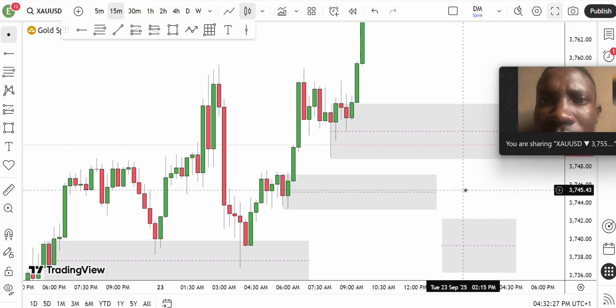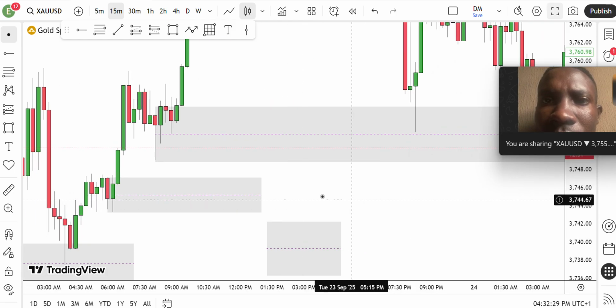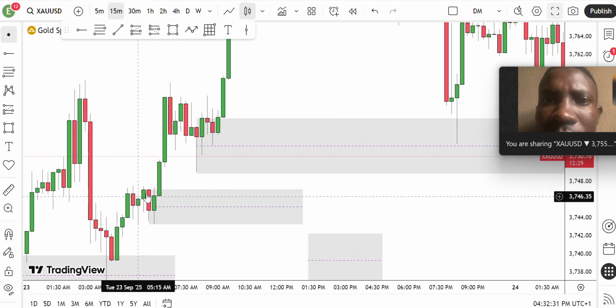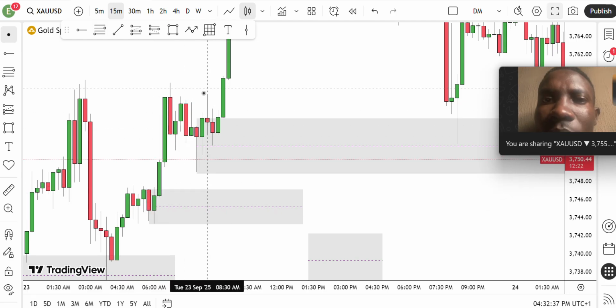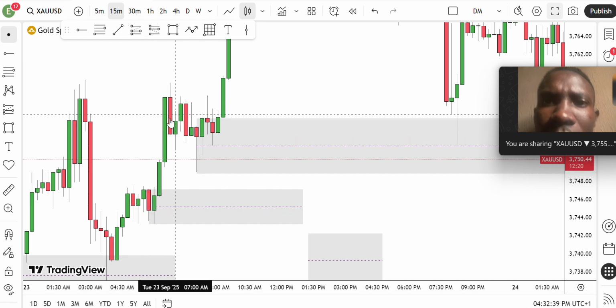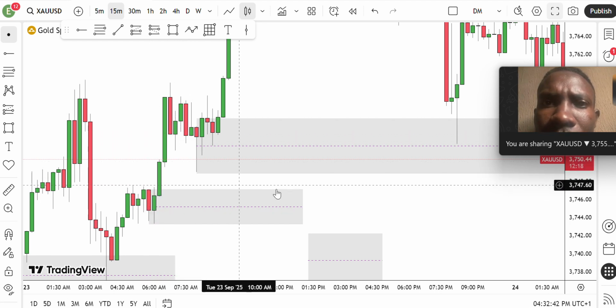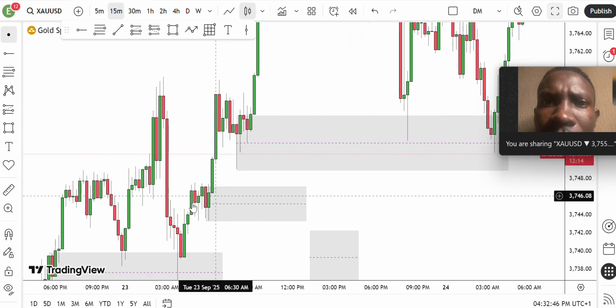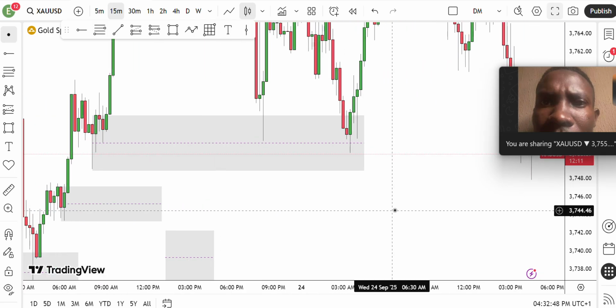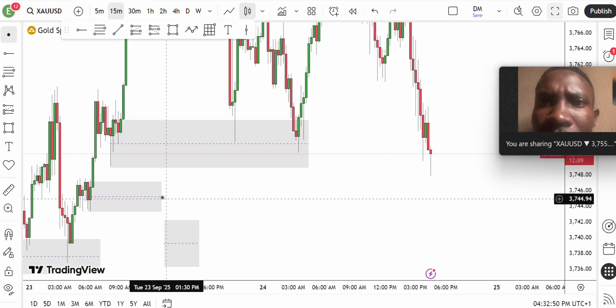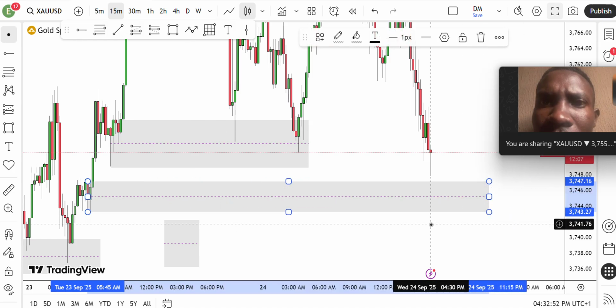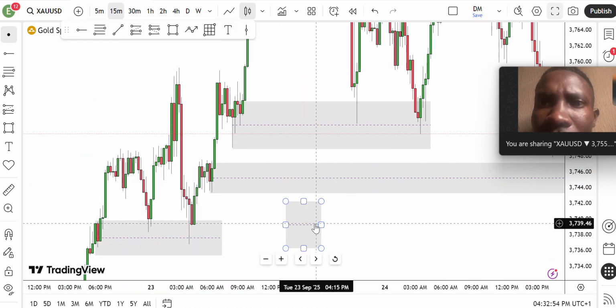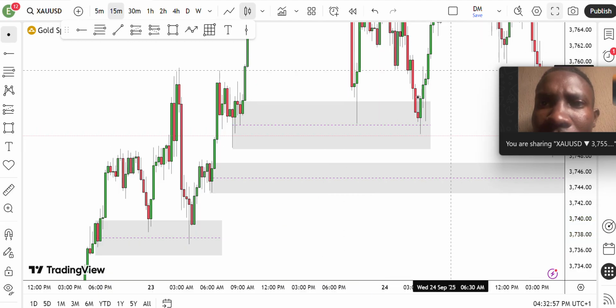Why? Because we were able to overlook what the sellers were doing and we just bought straight away, like that. So you might even say this is an inducement, because this is a demand that has not been triggered. So we just wait for price to come there and see what happens. So that is an order block.